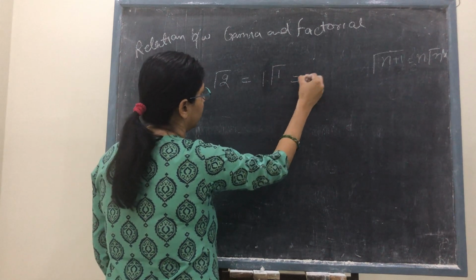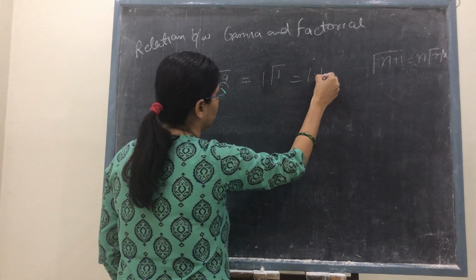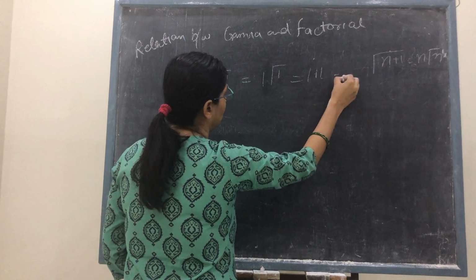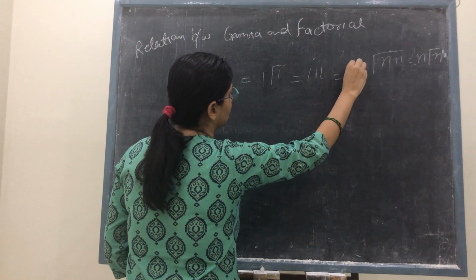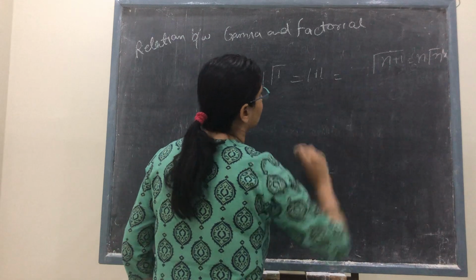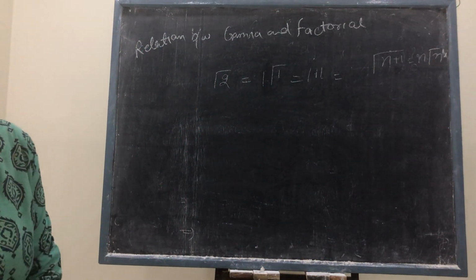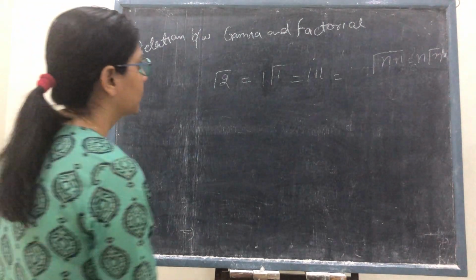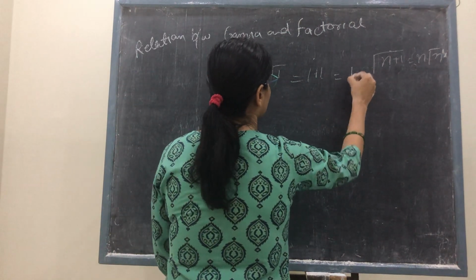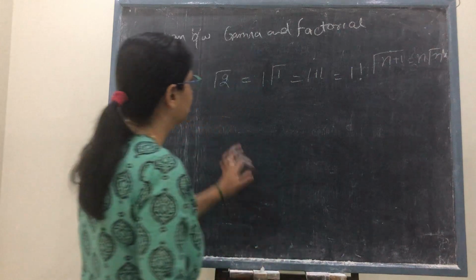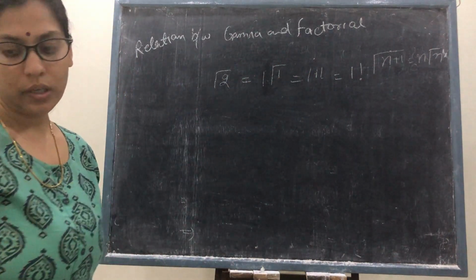We know that gamma of 1 is factorial 1, so gamma of 2 is factorial 1.